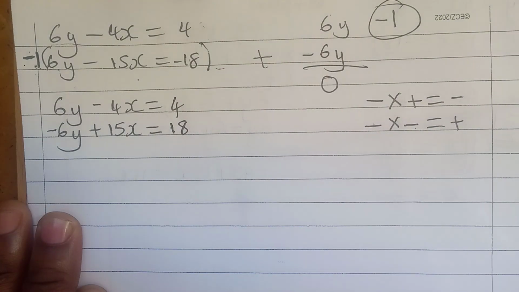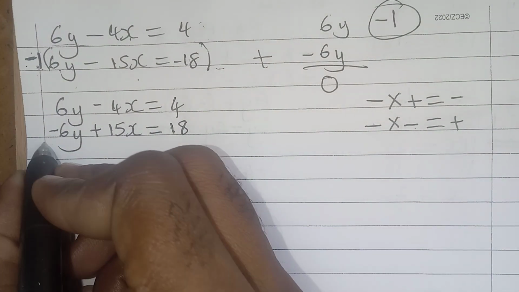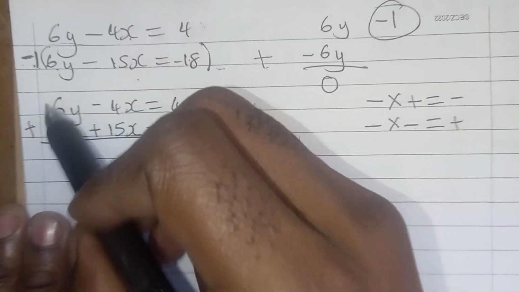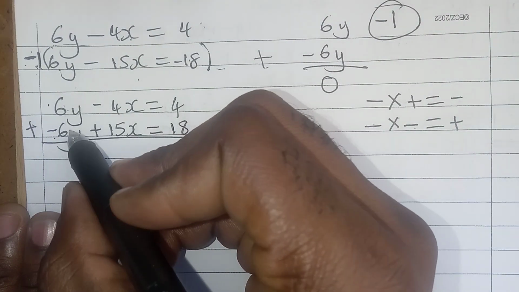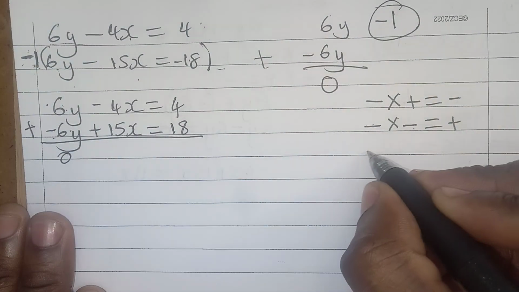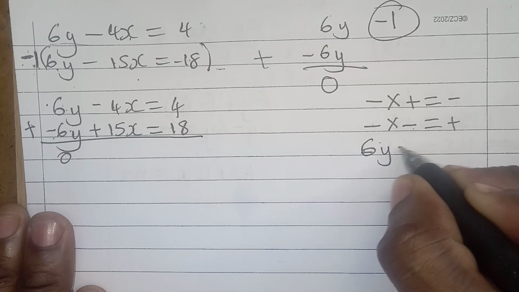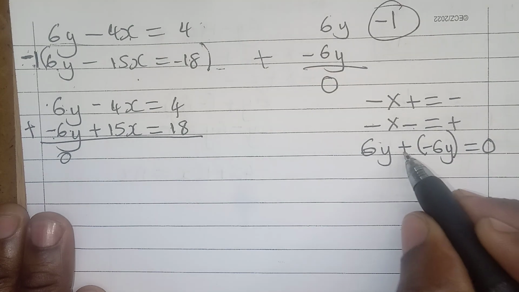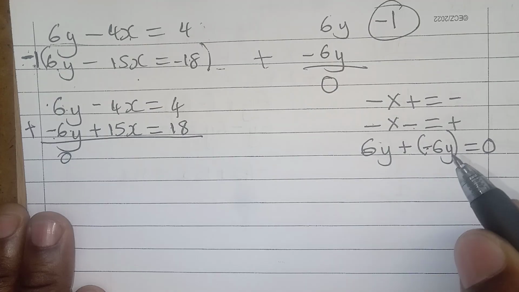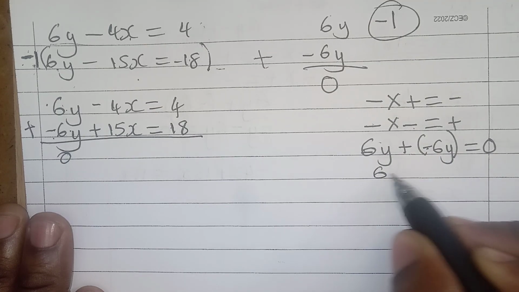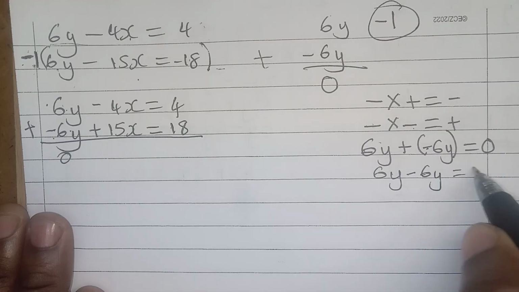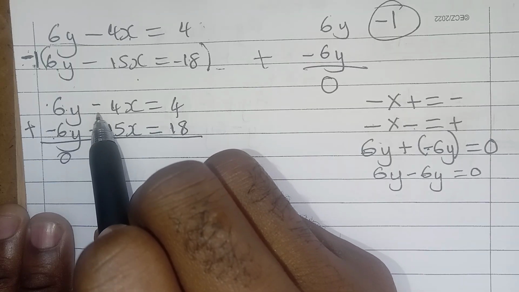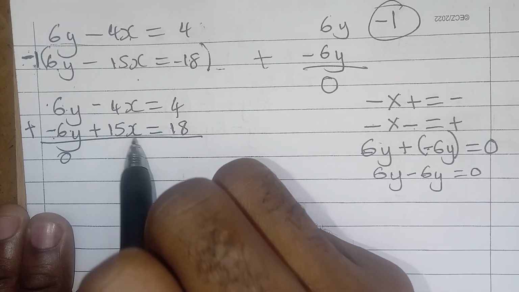So in order to solve a problem like this, you can simply add, since the coefficients are the same but the signs are not. So when you add this one to this, you get a 0. Remember, positive 6y plus negative 6y is 6y minus 6y, which is 0. And then we have negative 4x plus 15x.